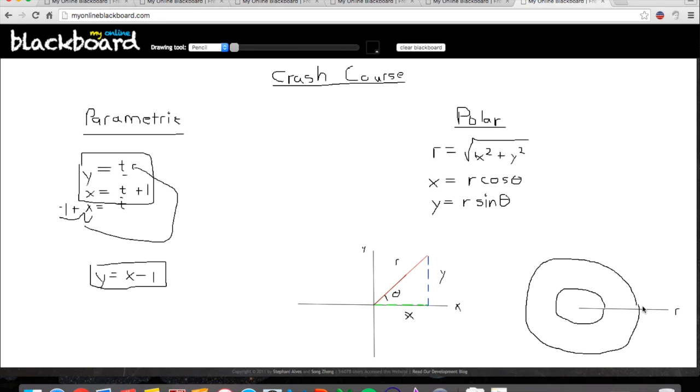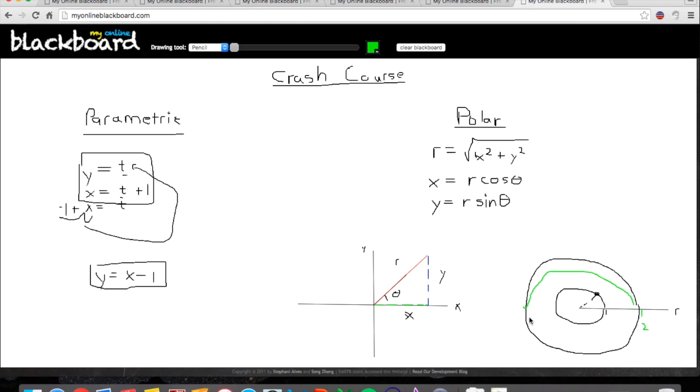Let's say r is equal to 1, so I put it here, 1. And then theta is 30 degrees, so I raise it up 30 degrees, and that's my point over here. Let's say r is 2, and I raise it to 180 degrees. I go all the way across over here, and my point lands over here.